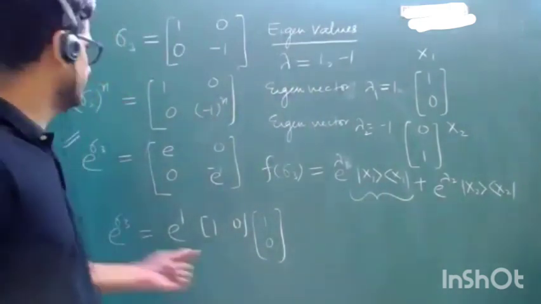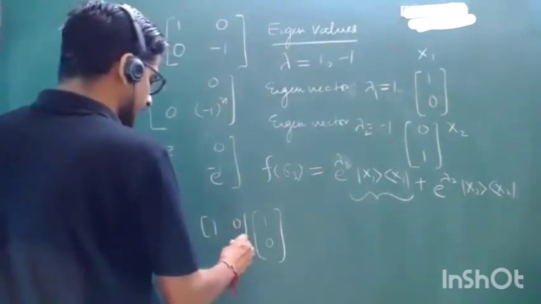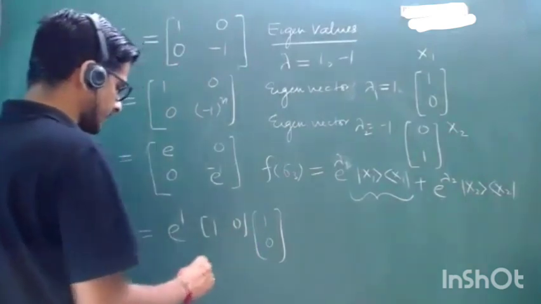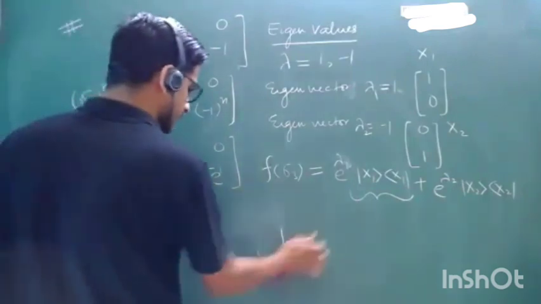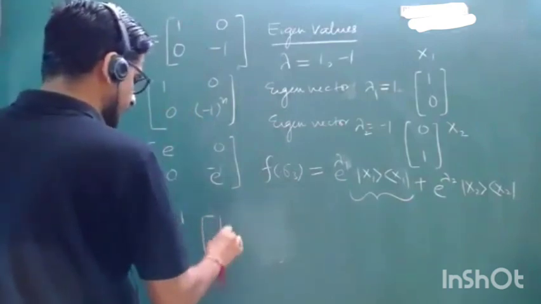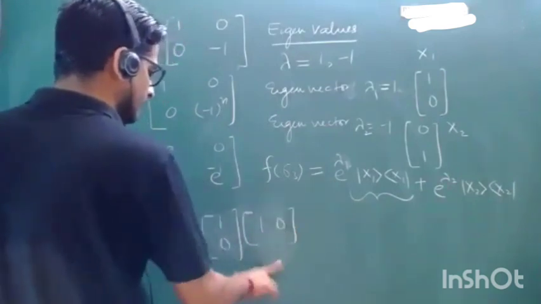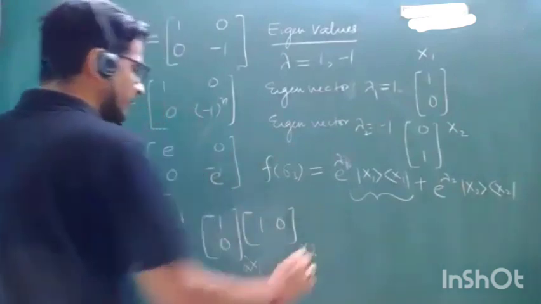So this matrix is a 2 cross 2 matrix. So no, the notation is wrong, because here I will write 1 0 and then 1 0, because this has to be 2 cross 1 and this has to be 1 cross 2, then it will come 2 cross 2.